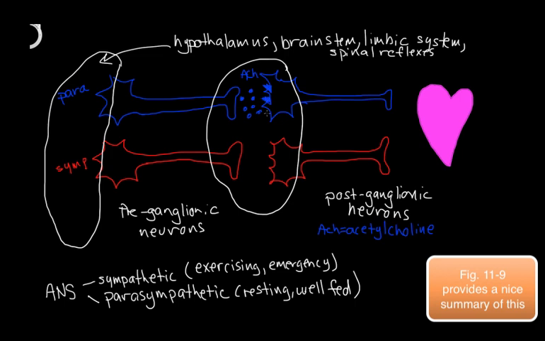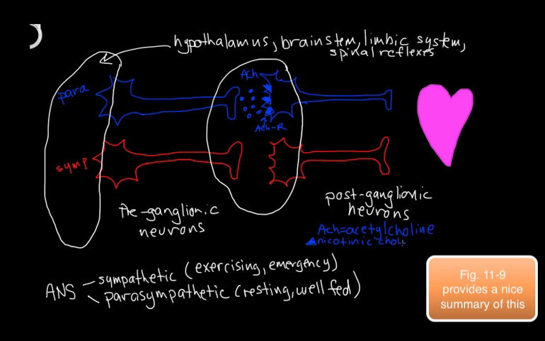So I'll just make these blue triangles, and I will label these as ACH R for ACH receptors. And these are referred to as cholinergic receptors. And in fact, specifically, these are nicotinic cholinergic receptors.